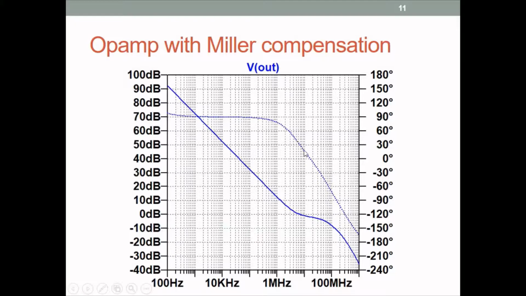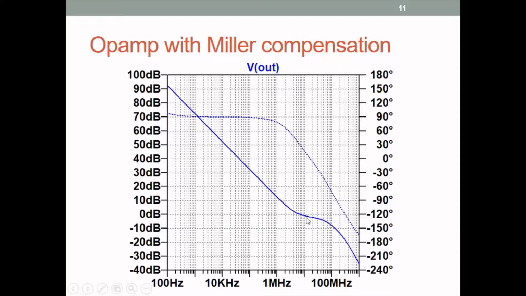And so the phase, so what is the phase? Let us see at 0 dB. The phase is somewhere here. So it is about 25 degrees, which is not good. And that is because of the zero. If the zero was not there, this gain will just fall and the phase would have been 90 plus 45 due to the P2 here.